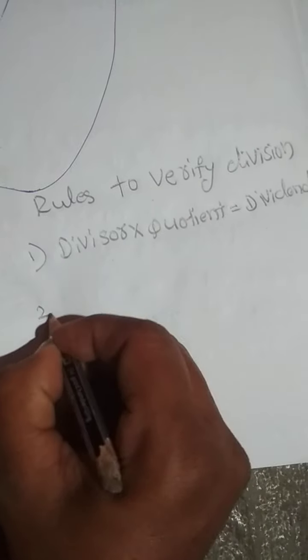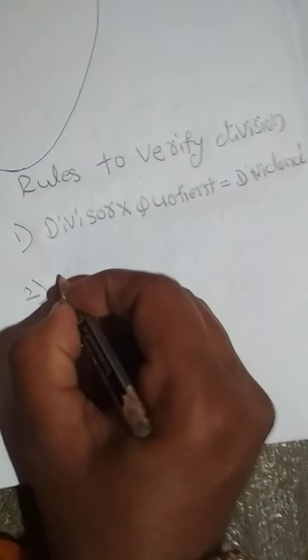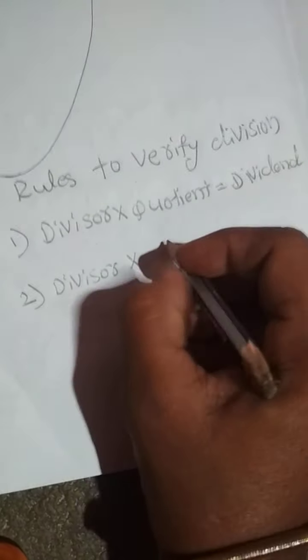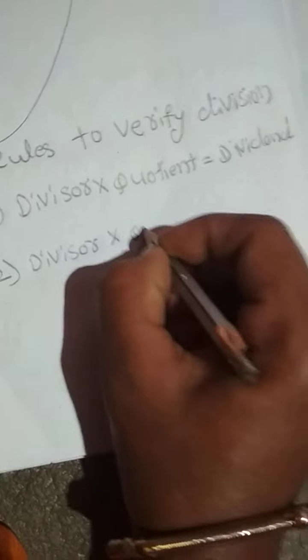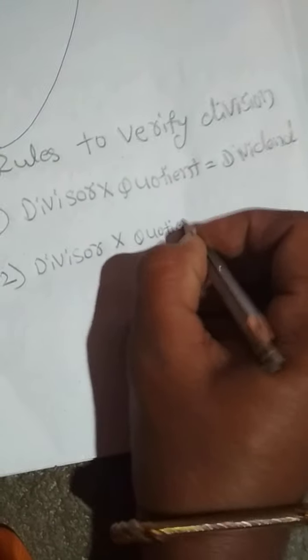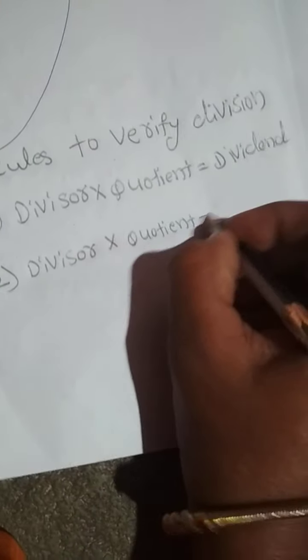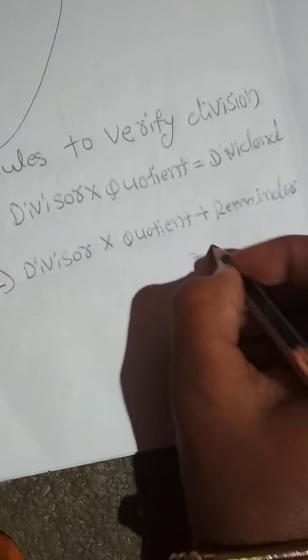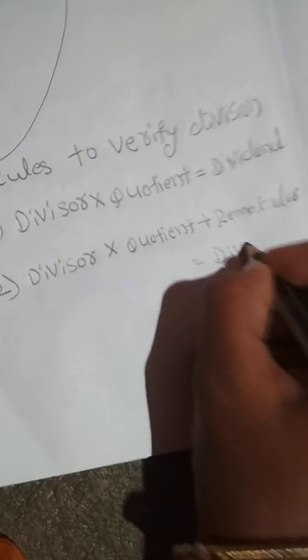And another one is there: divisor into quotient plus remainder equal to dividend.